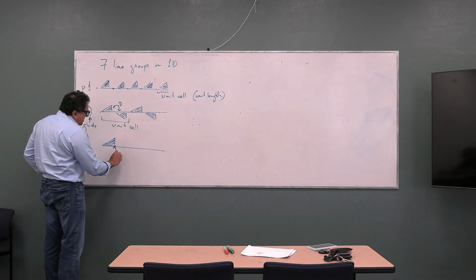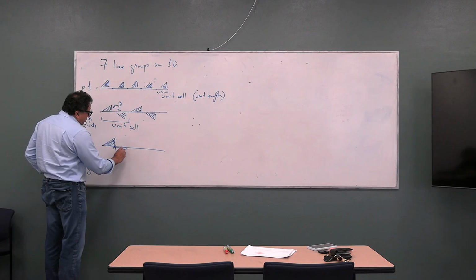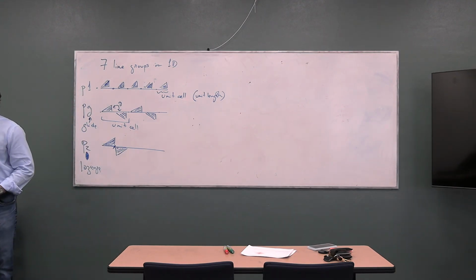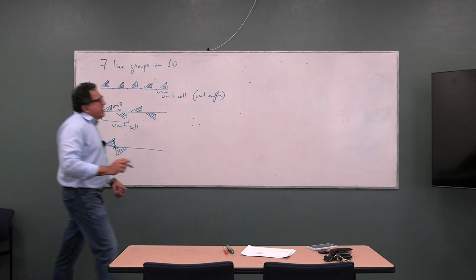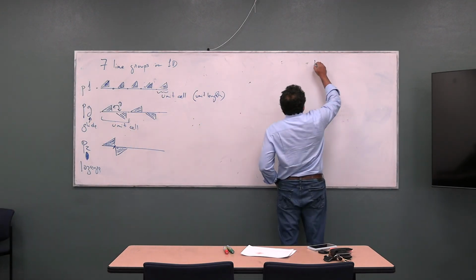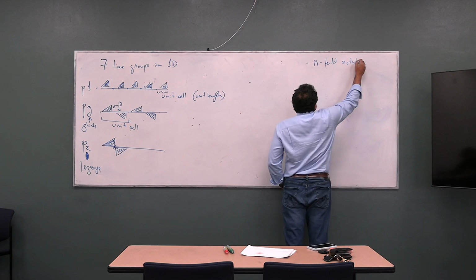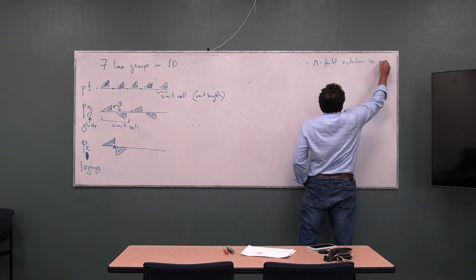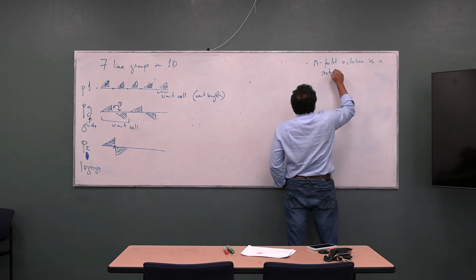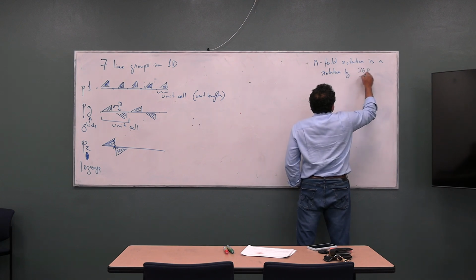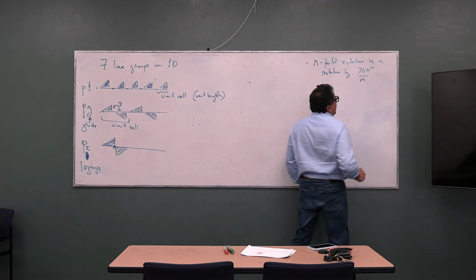What it does is a 2-fold rotation of the object. So this object is rotated by a 2-fold rotation. What is an n-fold rotation? An n-fold rotation is a rotation by 360 degrees divided by n.